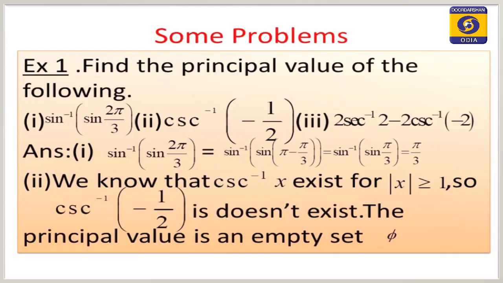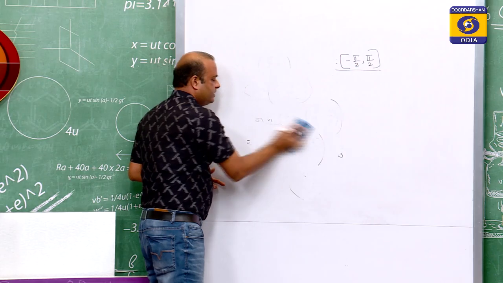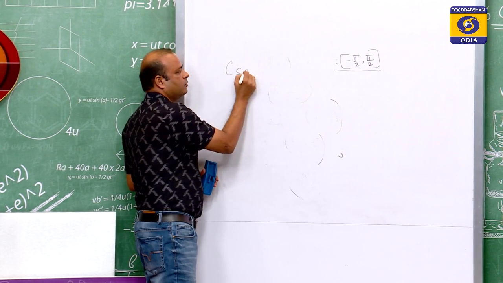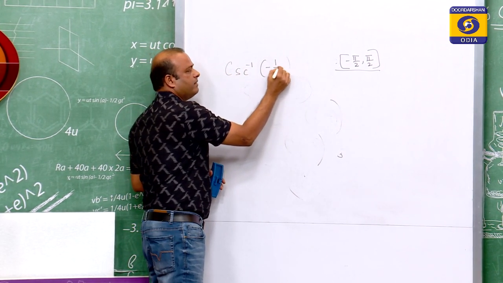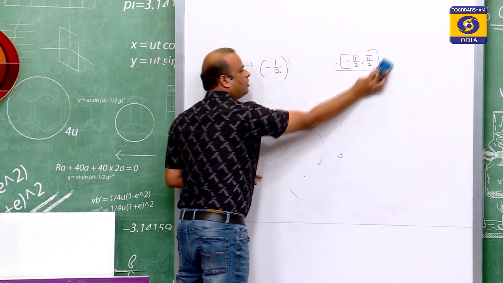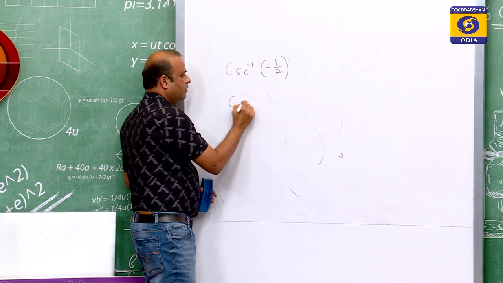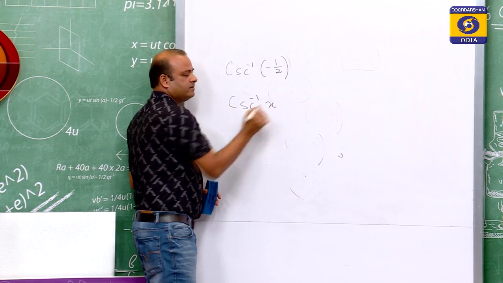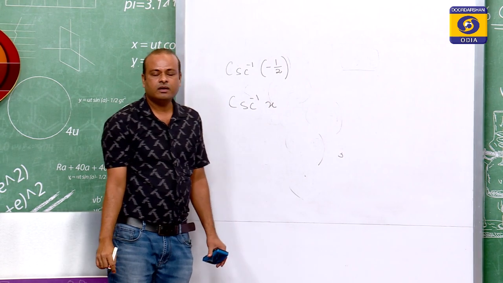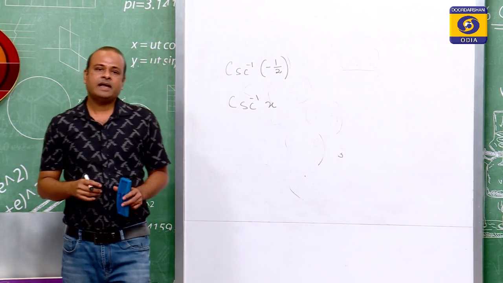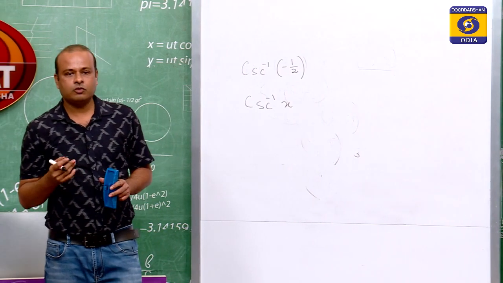So let us discuss cosec inverse minus 1 by 2. The question is, find the principal value of cosec inverse minus 1 by 2. You know the restriction: for cosec inverse x, x lies in R minus the open interval of minus 1 to 1.